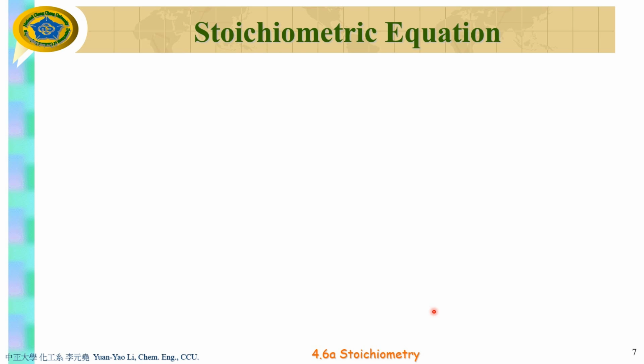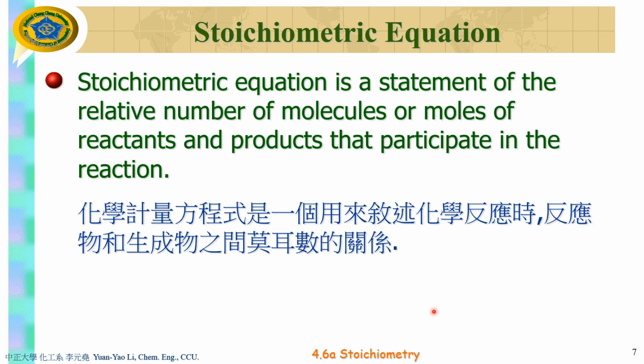Stoichiometry is a kind of study. So what is a stoichiometric equation? A stoichiometric equation is a statement of the relative numbers of molecules or moles of the reactants and products that participate in the reaction.